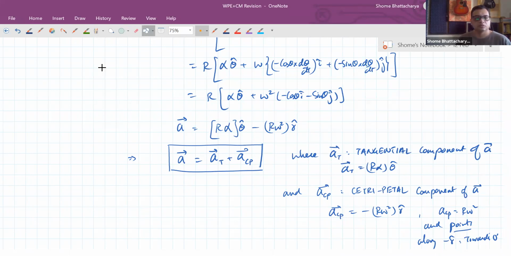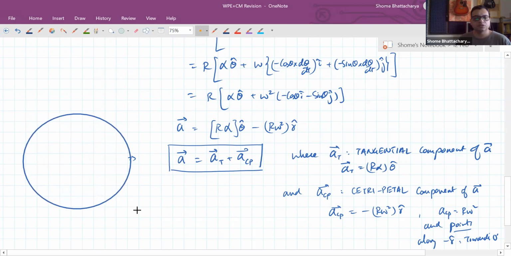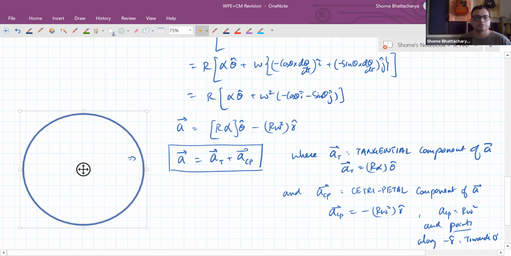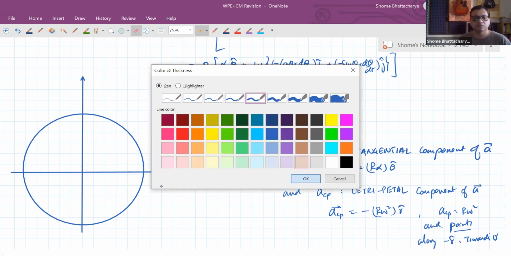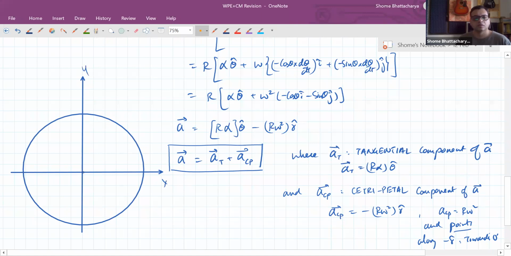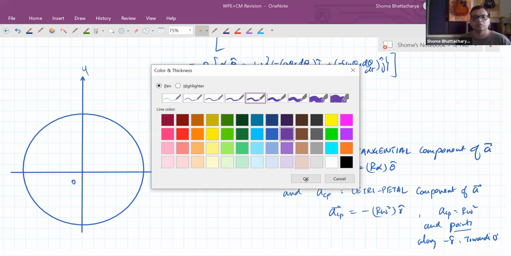So in context of this circular motion, you can see that the acceleration vector for the particular particle in concern overall in general would look something like this.